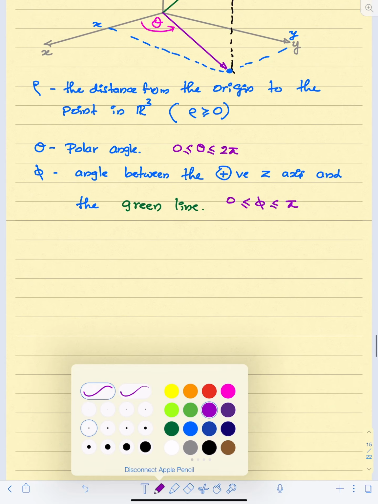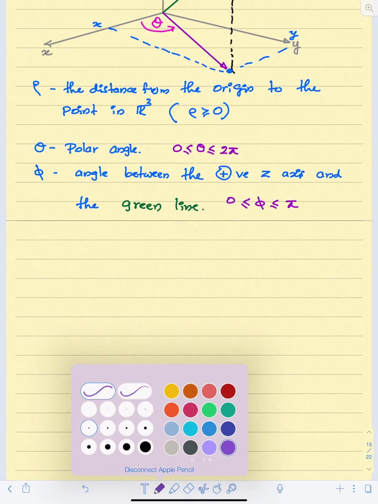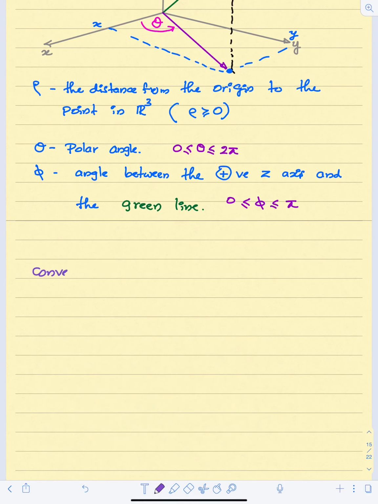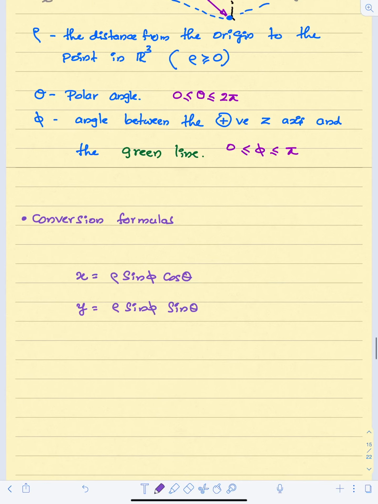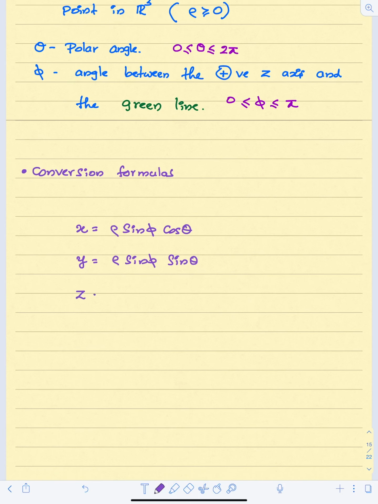Now let's talk about the conversion formulas. The x coordinate equals rho sine phi cosine theta, y equals rho sine phi sine theta, and now the z coordinate equals rho cosine phi.